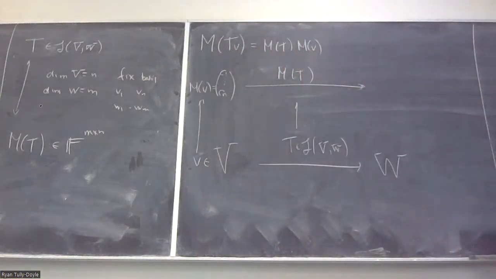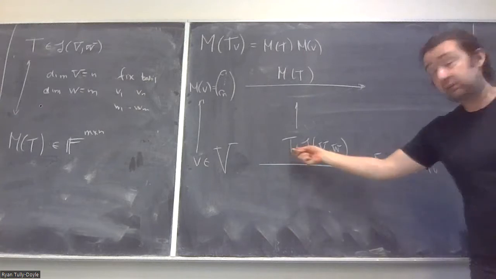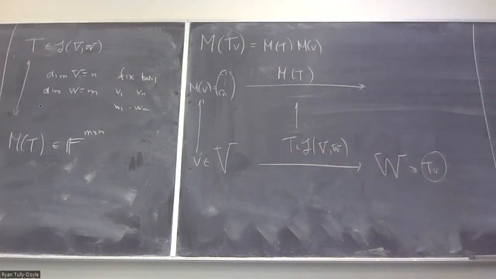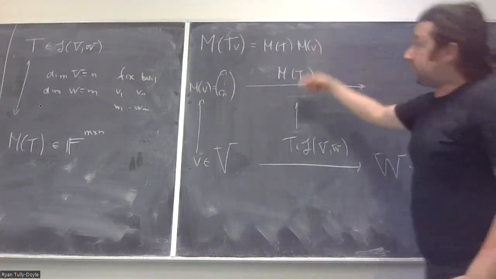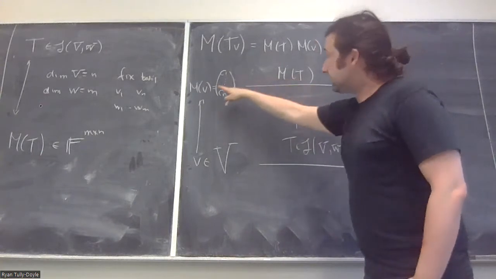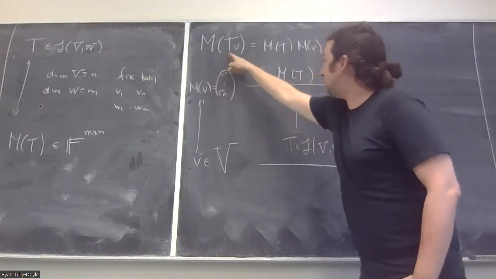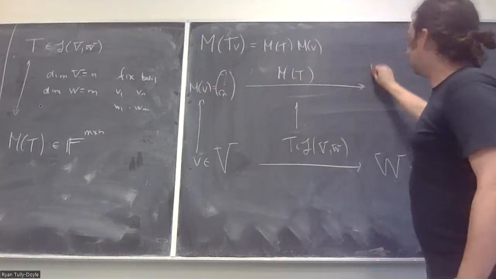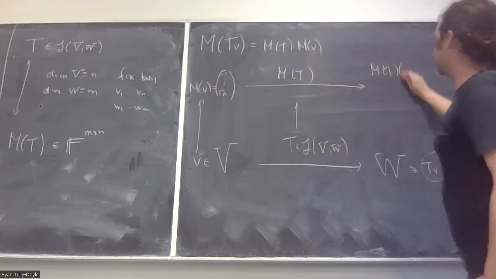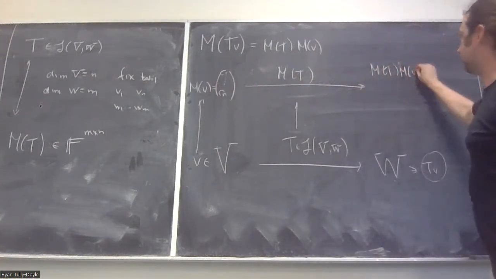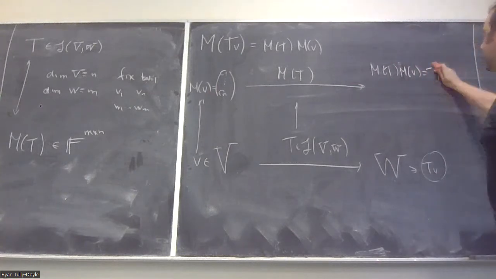If I take a vector v and apply T to it, what comes out is Tv, an element of W, part of the range. And if I do it up here, if I apply the matrix of T to the matrix of v, I can just multiply those together: the matrix of T times the matrix of v, and what comes out is the matrix of Tv.